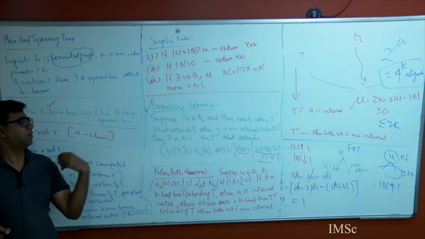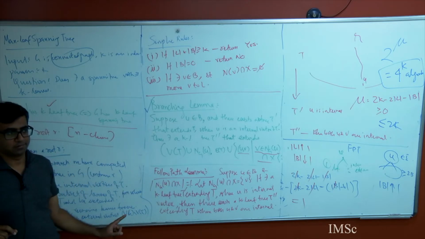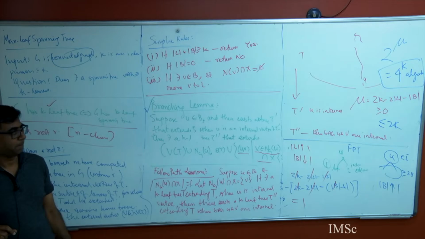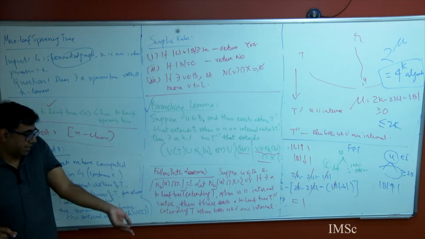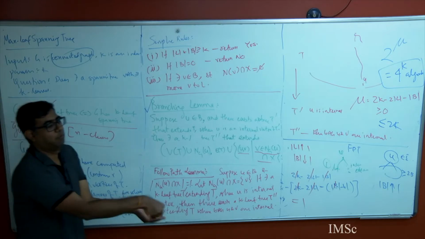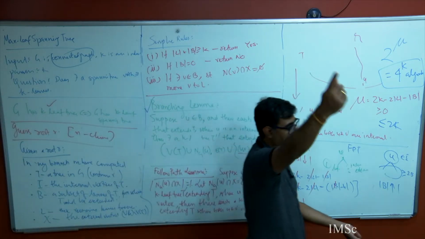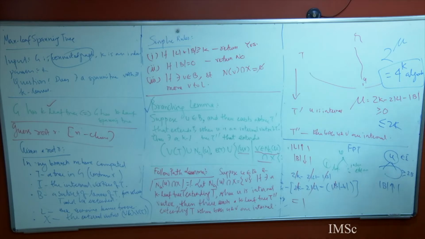I am not doing anything else. I just branch on them. Arbitrarily pick a border vertex. Either it is an internal vertex in my original solution or it is a leaf. So I just branch on those 2 cases.